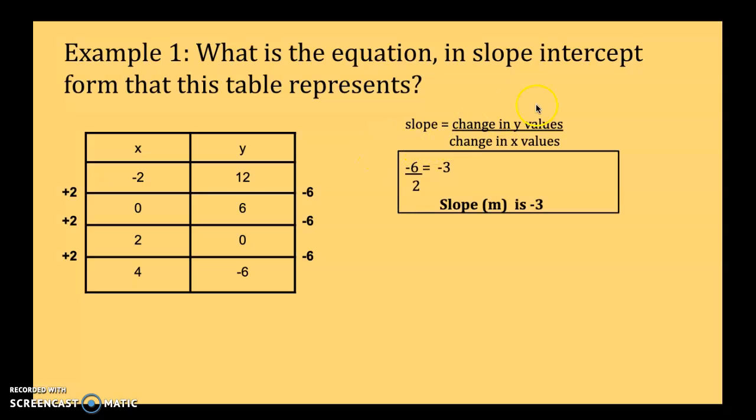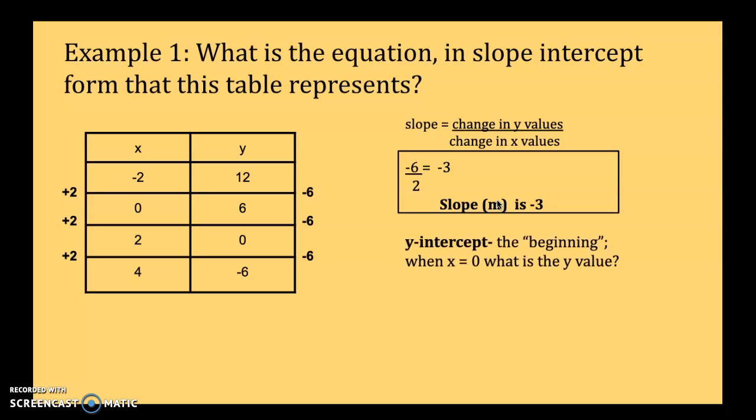So when we go ahead and write that change in y, we always make sure we put our dependent on top, change in y, that negative 6, over our change in x, positive 2, we get a negative 3 for our slope. So now I know that negative 3 is going to be that number that goes in the m spot. That's the movement. That's the amount of change in my problem or in my situation.